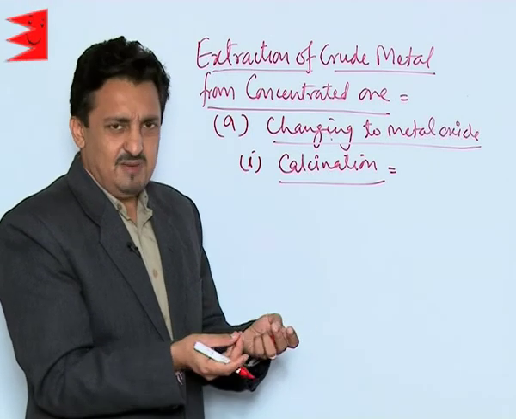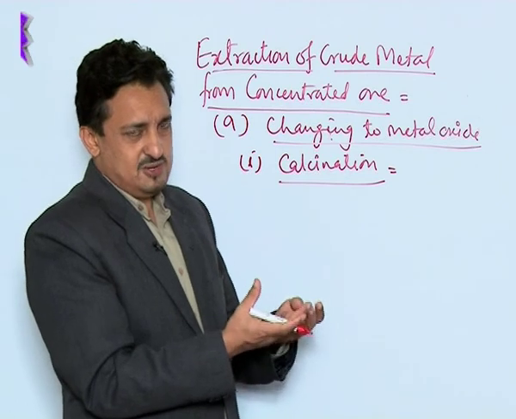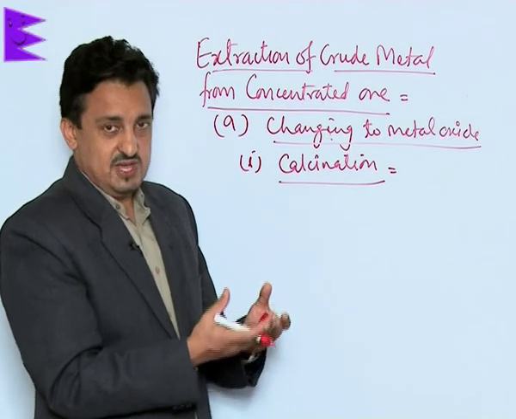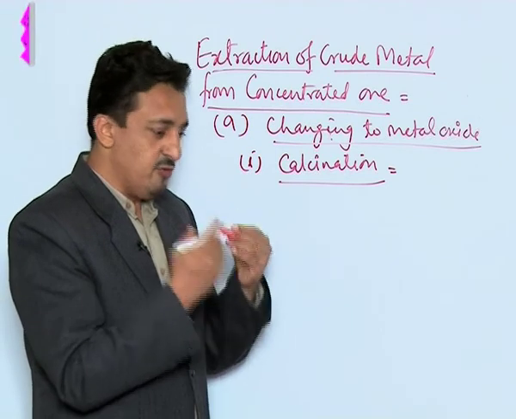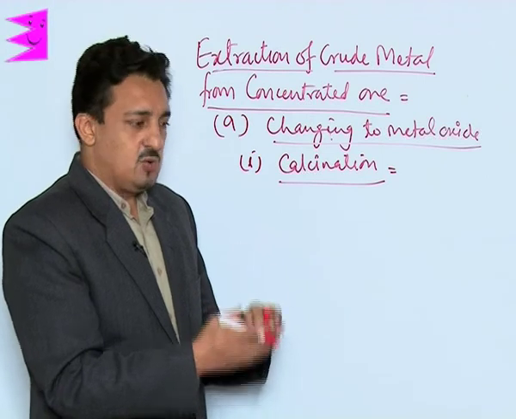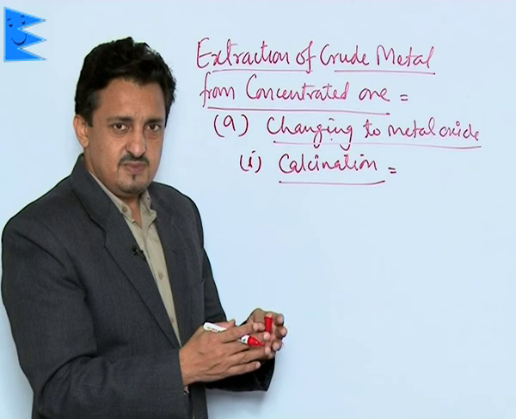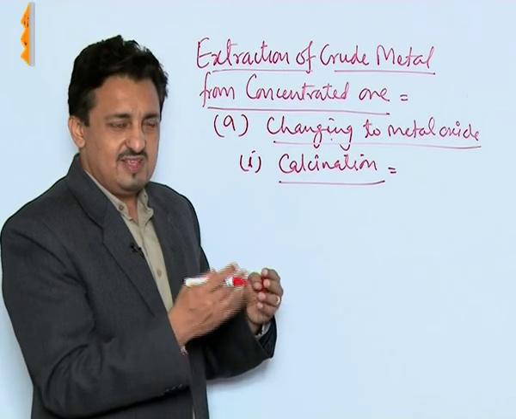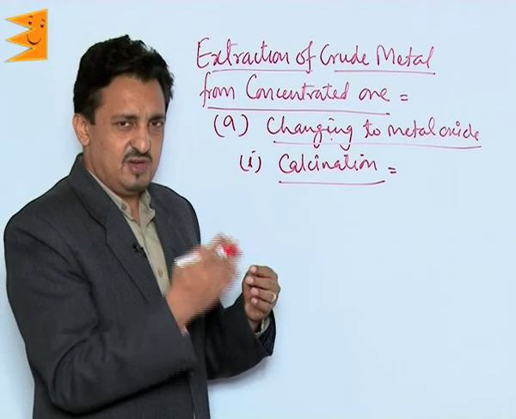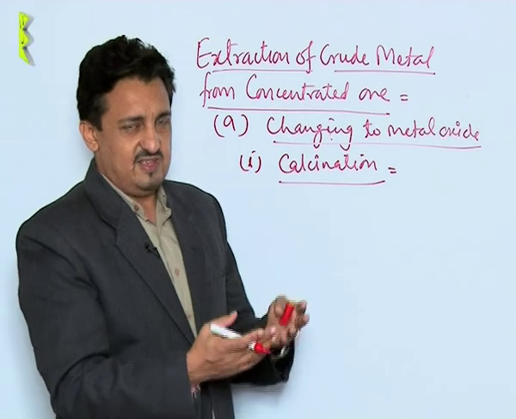We hardly have any bicarbonates now, so it is mainly done for carbonate, hydroxide and oxide ores. The main purpose is to remove water of crystallization, to convert carbonates to their oxides, to remove moisture, and to remove volatile impurities.